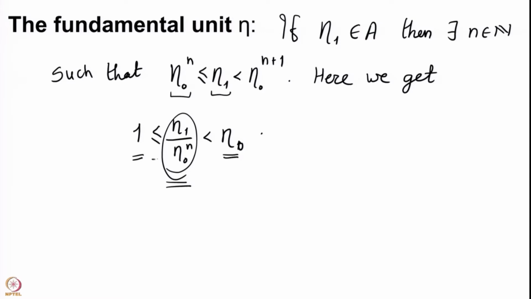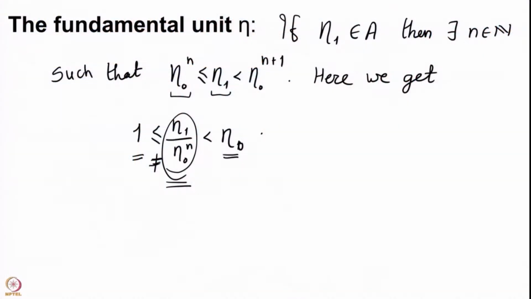If this number was not equal to 1, it would give you an element in A, because A is the set of all units bigger than 1. So, this would then be in A, but it cannot be less than eta naught, since eta naught was chosen to be the smallest element in A. So, this contradiction says that whatever we have assumed here, that it is not equal to 1, cannot be true.